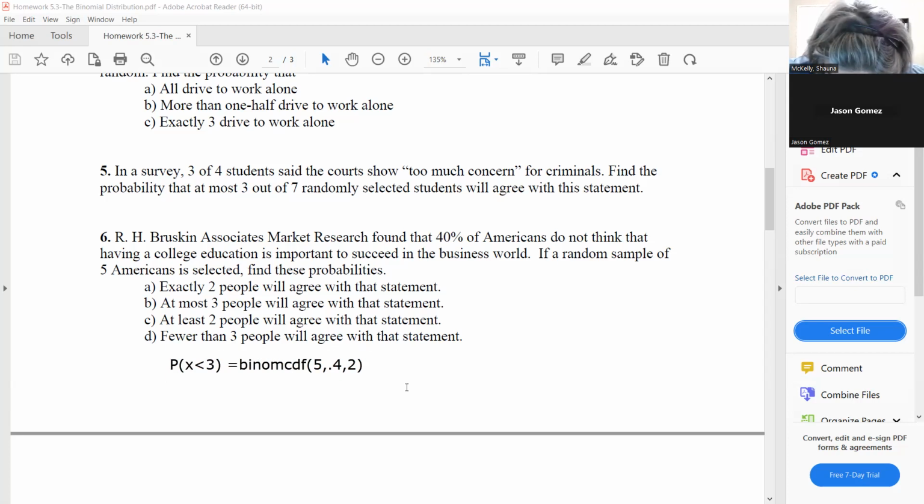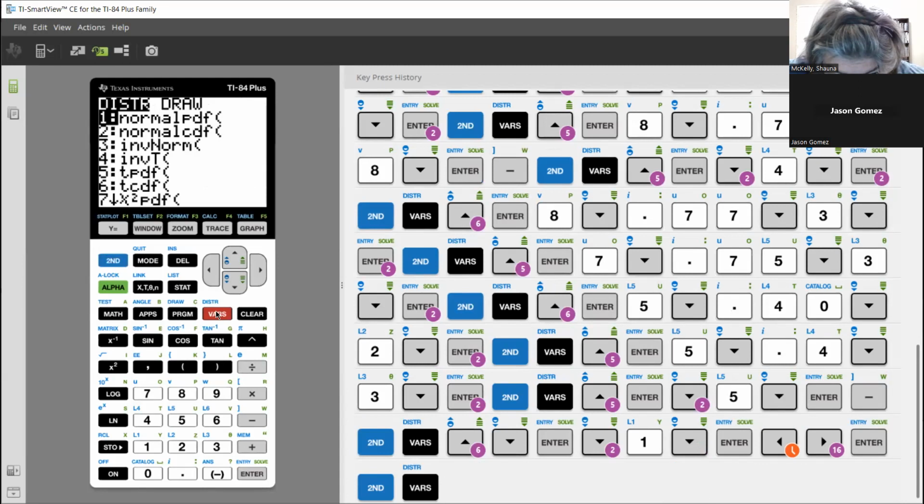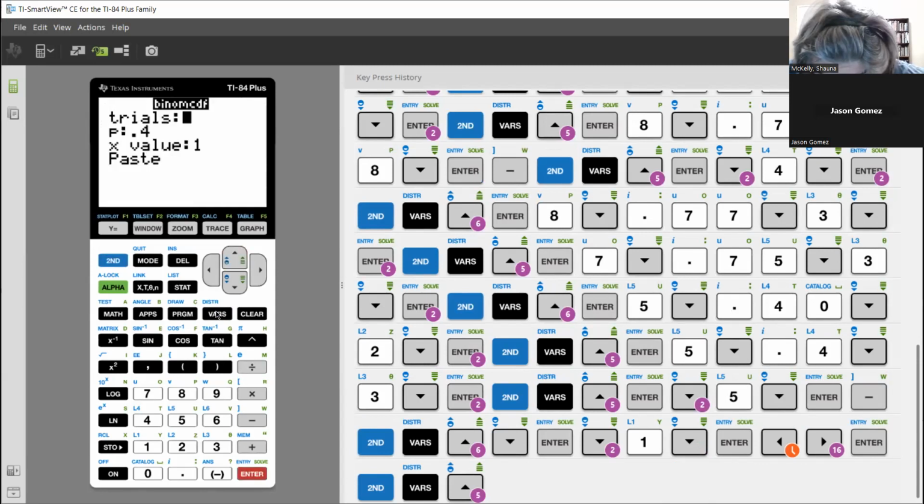Yep. So here we go with second distribution. Binomial CDF. 5.4 and 2.